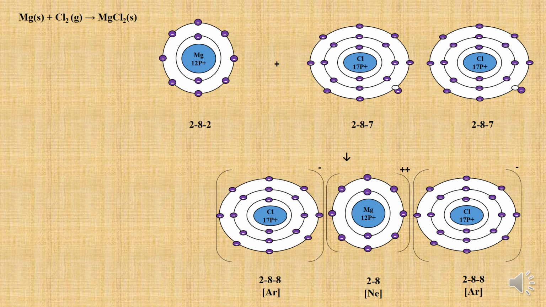Overall, it results in formation of a stable compound, that is magnesium chloride. So here we see the change in oxidation state of magnesium from 0 to +2 and the change in oxidation state of chlorine from 0 to -1.